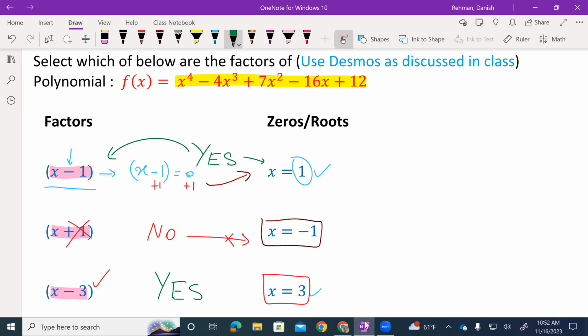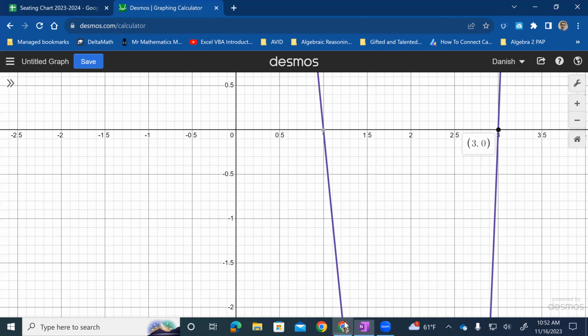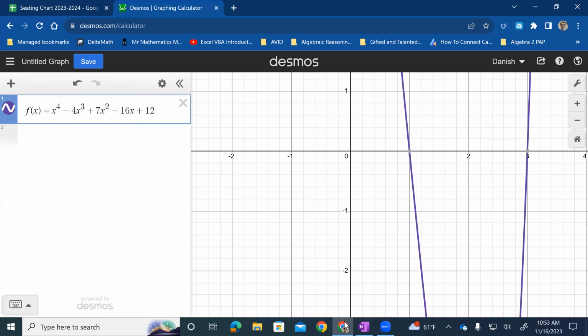Like that. Now, one more easy thing that we can always utilize. If you're trying just to check if a factor, a root, is actually true, I have already defined over here the function f of x. So I want to check if 1 is a root or not. You see, f of 1 is 0.